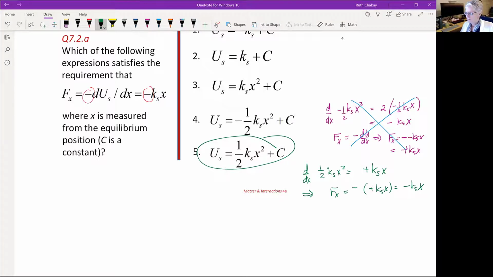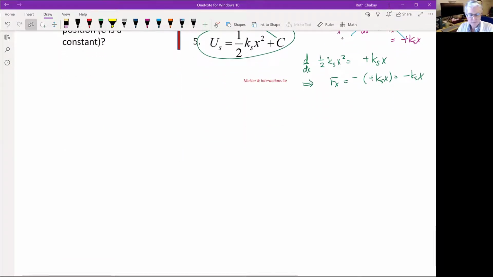That's the answer. Now this is a very odd equation for potential energy. If we graph this as a function of displacement, where again we're saying x equals 0 at, or actually let's just change it into s.